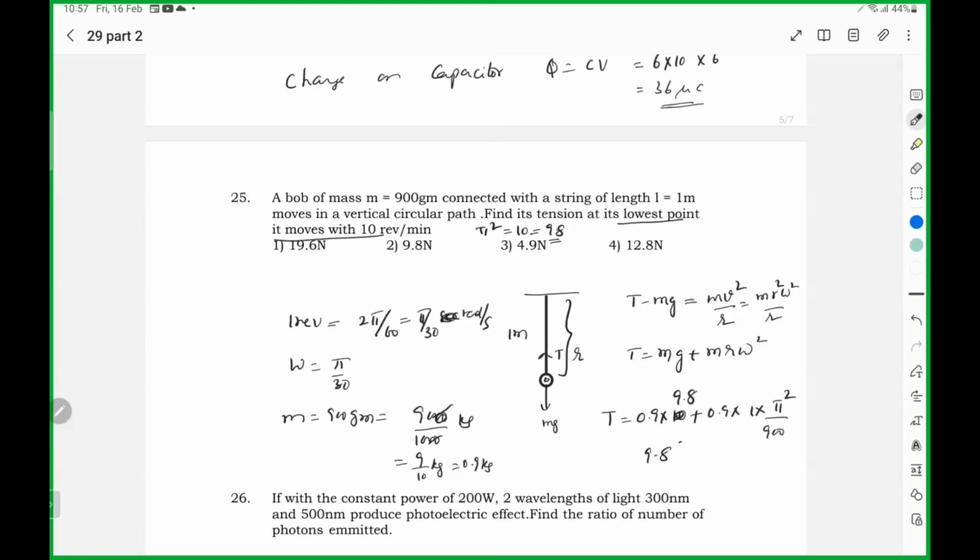So 9.8, you can take common, 0.9 also. You can take common 1 plus 2 pi revolutions, 60 minutes, right.